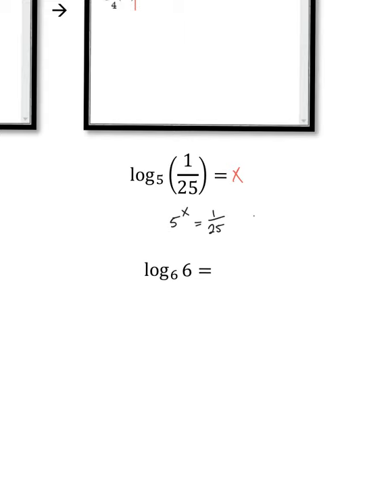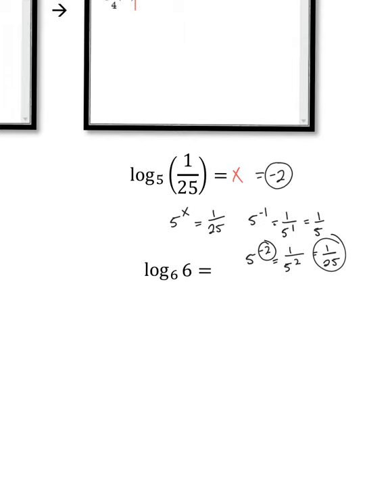So if I did 5 to the negative 1, that would be the same thing as 1 over 5 to the positive 1, which is 1 over 5. If I did 5 to the negative 2, that would be 1 over 5 to the positive 2. 5 squared is 25, okay? So this was the answer that we were looking for. So the exponent required to get there was negative 2. So this logarithm is going to be equal to negative 2.